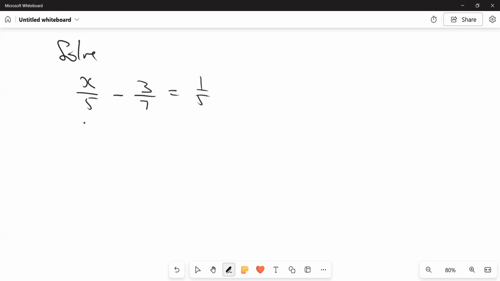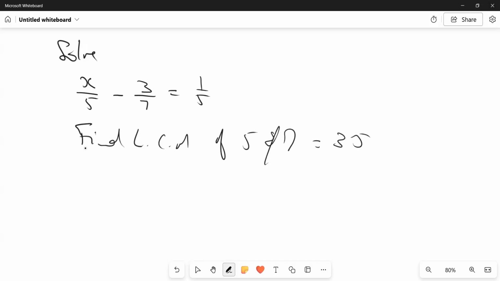Another approach that people use is they find the LCM of 5 and 7, which is 35, and they multiply everything by 35. So x over 5, they'll multiply by 35.